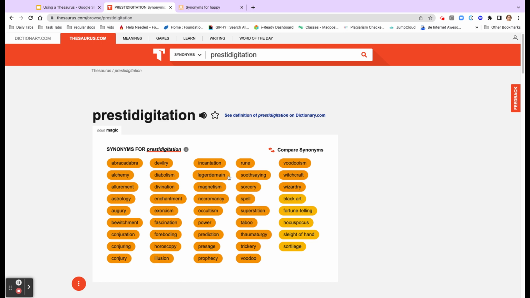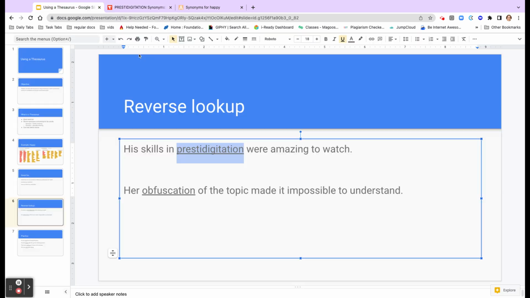Oh, so prestidigitation is kind of like magic. I got it. So his skills in magic were amazing to watch, but prestidigitation just sounds a lot cooler, right?